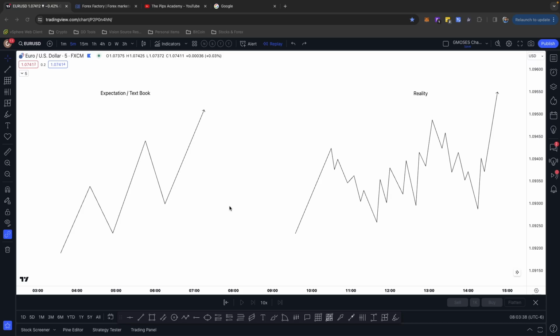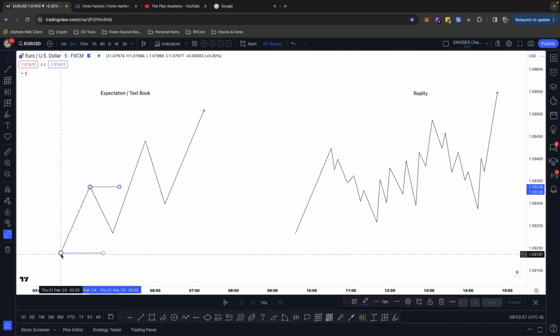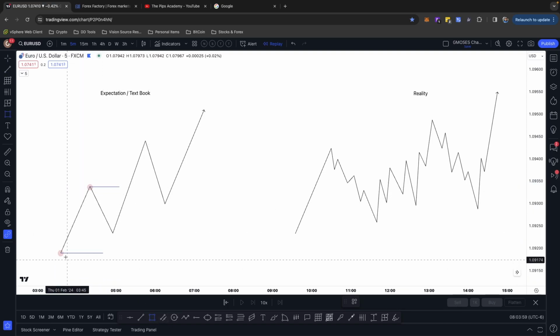Okay, so to establish your foundation, what we want to do is we want to identify our low and we want to identify our high. Okay, and from this low here, this is considered to be our swing low. This is considered to be our swing high. Now, between this low and this high, this is considered to be our range.